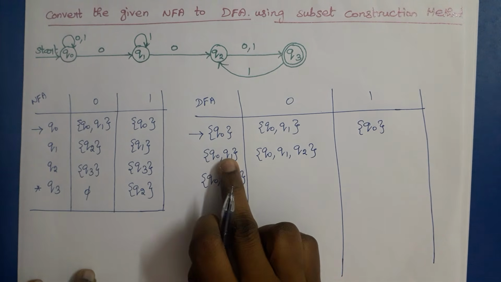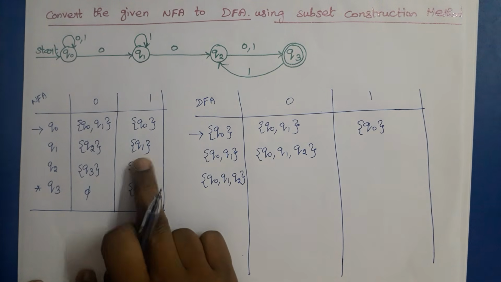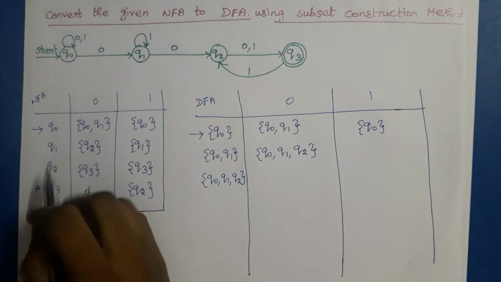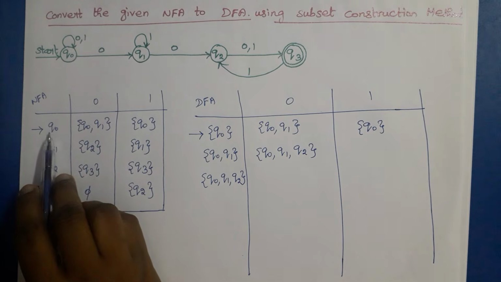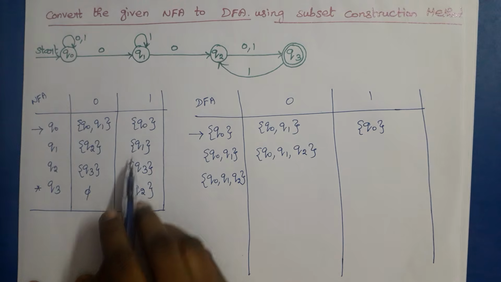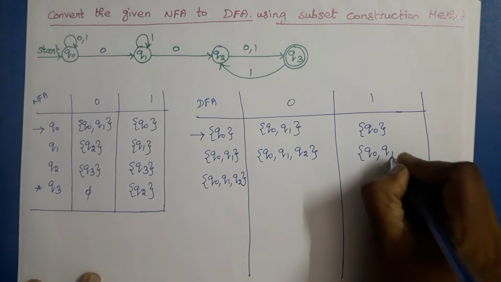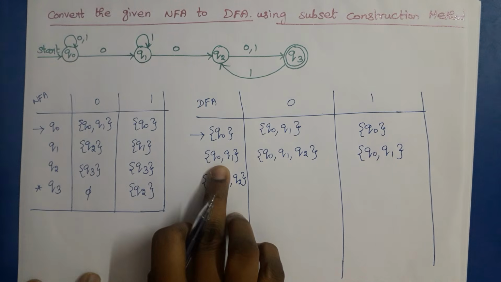Then from Q0, Q1, 1 goes to Q0, Q1. For Q0, Q1 and 1, we have to perform the union operation of Q0, 1 and Q1, 1. So the union of Q0 and Q1 is Q0, Q1, which is already found.